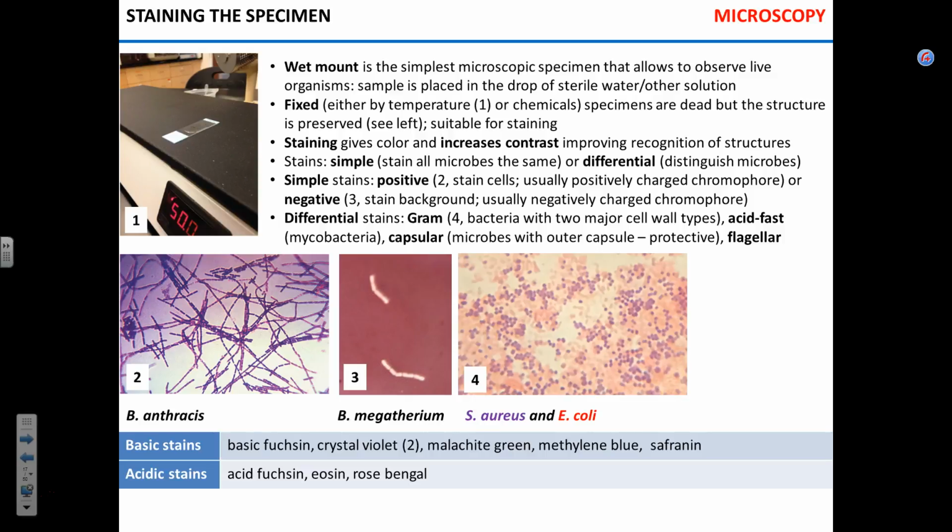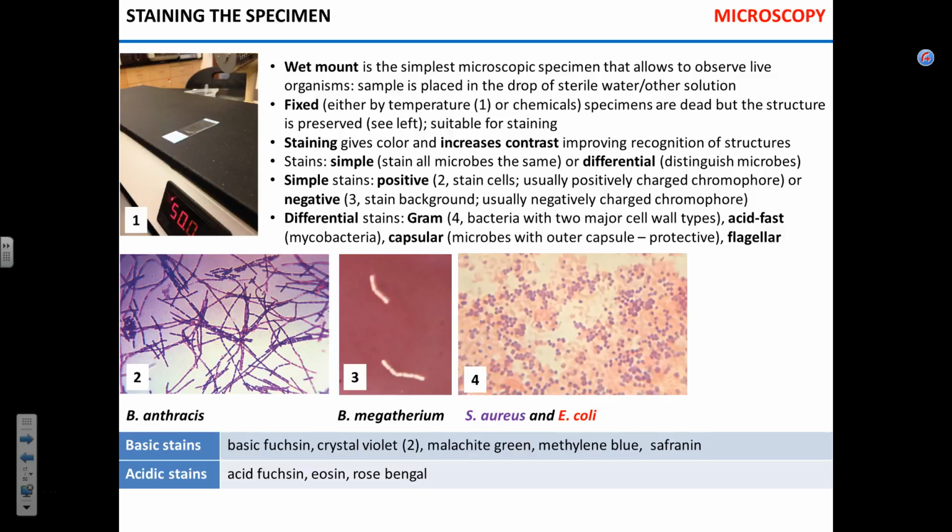Now, don't scoop your colonies, because the amount of cells that you're going to scoop is astronomical. Touch it.